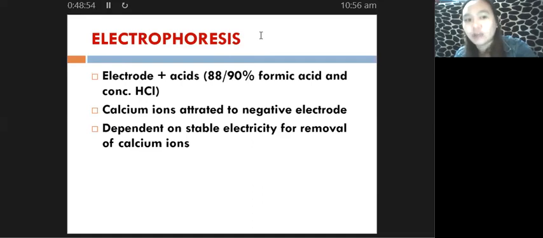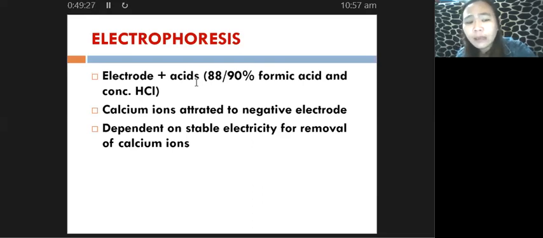With the use of your electrodes and your acids, you still need your acid decalcifying solutions. The acids utilized for electrophoresis are 88 or 90% formic acid and concentrated hydrochloric acid. There are two acids that you need.